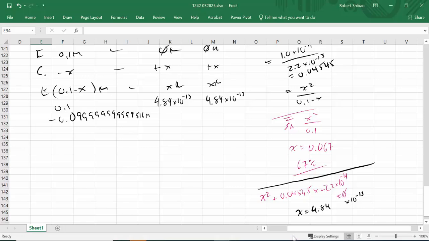Okay, and so we're going to double check our K value. So I'm going to get 4.84 times 10 to the negative 13 squared, divided by 0.099, 11 nines: 1, 2, 3, 4, 5, 6, 7, 8, 9, 10, 11, 516.